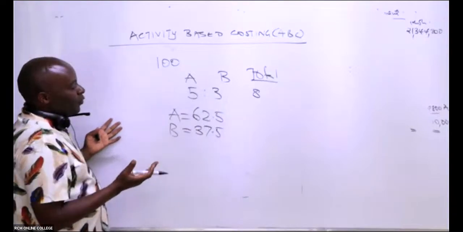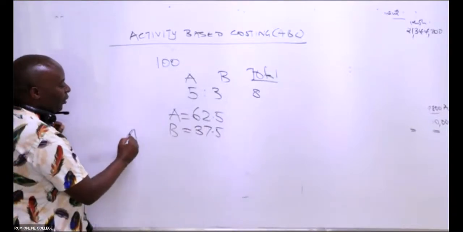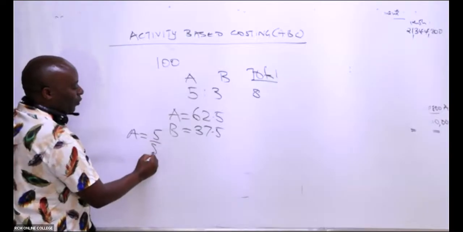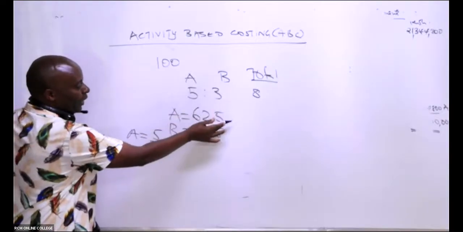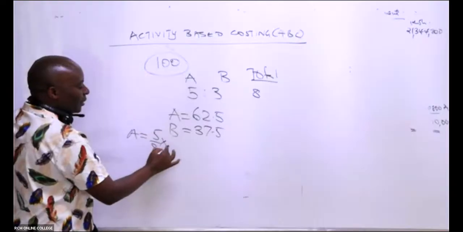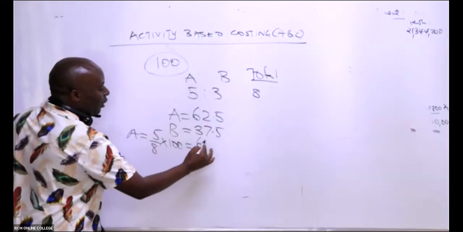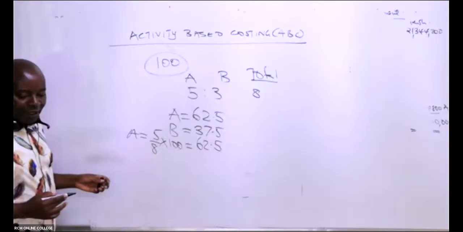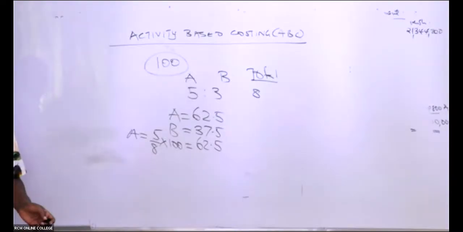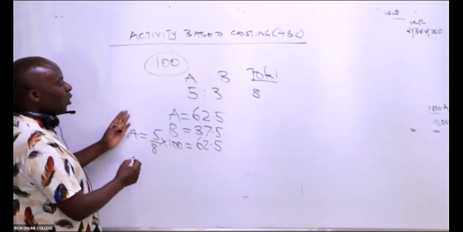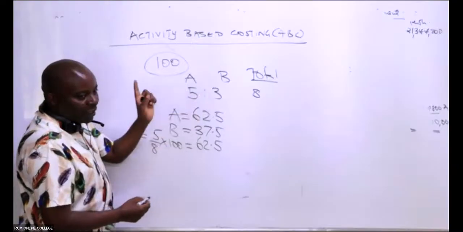And then A will get the fraction 5/8 of the 100. That is how these students got the 62.5. And of course, B will get the other fraction, which is 3 over what?